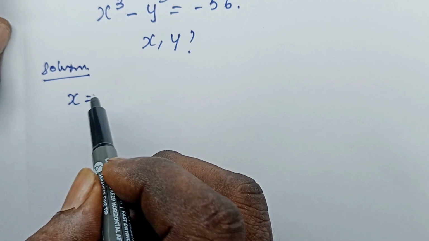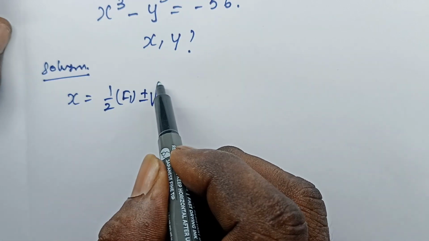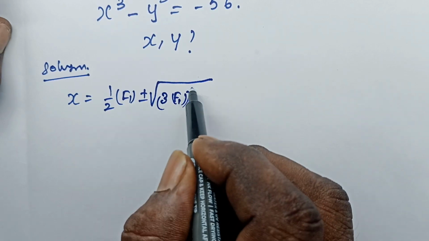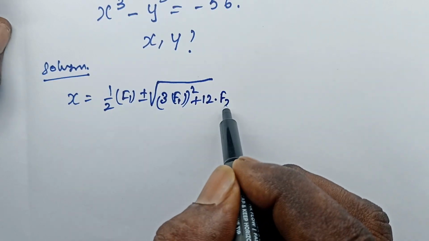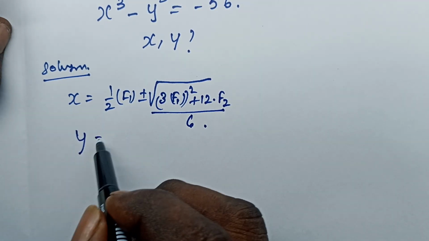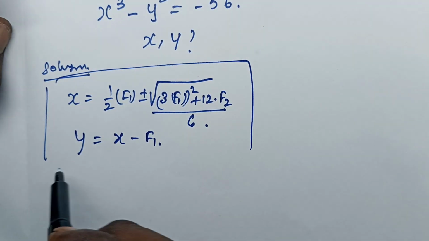The formula: x is equal to 1 by 2 times f1 plus or minus root of 3 into f1 whole squared plus 12 into f2, all by 6, and y equal to x minus f1. This is the formula.